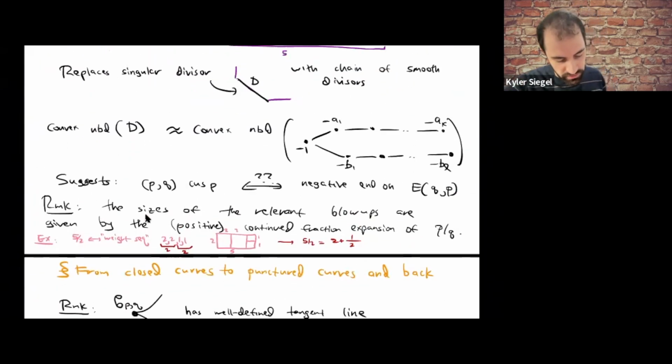Or you can think of the weight sequence as giving you this picture here. So 5 over 2 corresponds to 2, 2, 1, 1. The weight sequence is also closely related to the positive continued fraction expansion of p over q. There are 2 copies of the first thing and 2 copies of the second thing, and that corresponds to the fact that the continued fraction coefficients are 2 and 2.